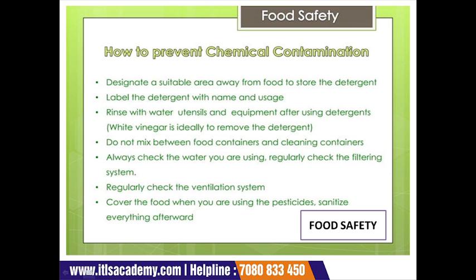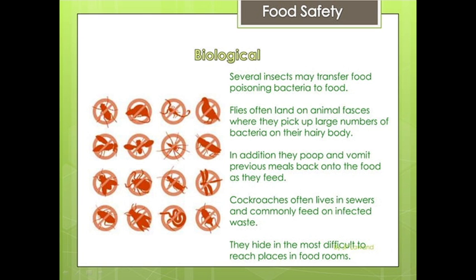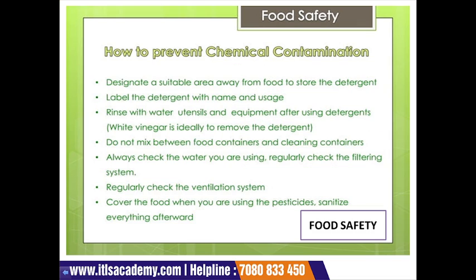Now if the contamination occurs, then we have to take a prevention method also. What is the prevention method for this? How do we prevent chemical contamination? Designate a suitable area away from food to store the detergent. We have a separate area for the storage of the cleaning material so that it will not mix with the food.